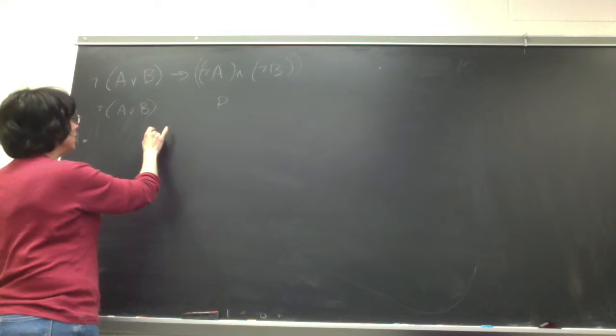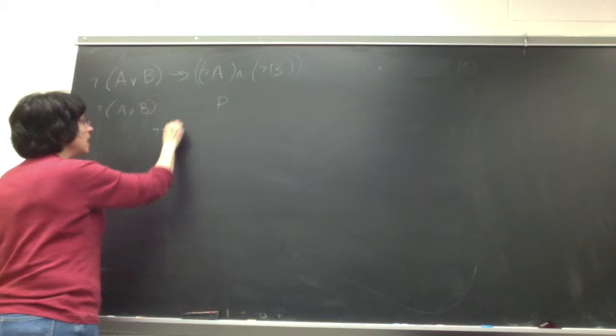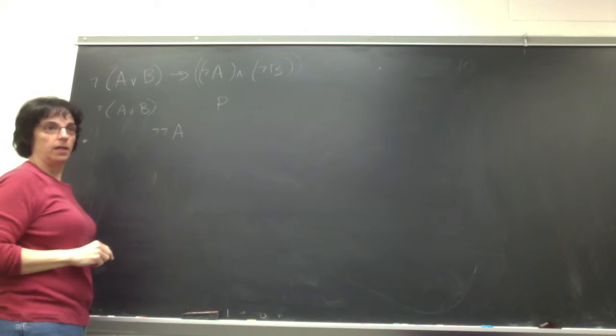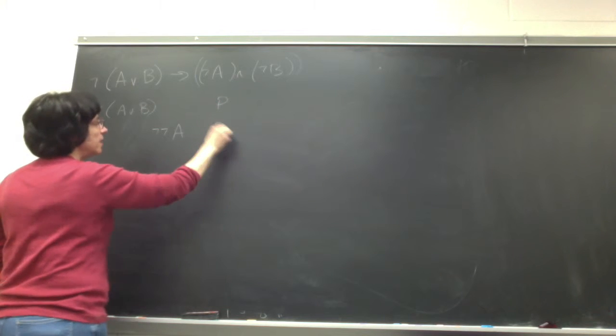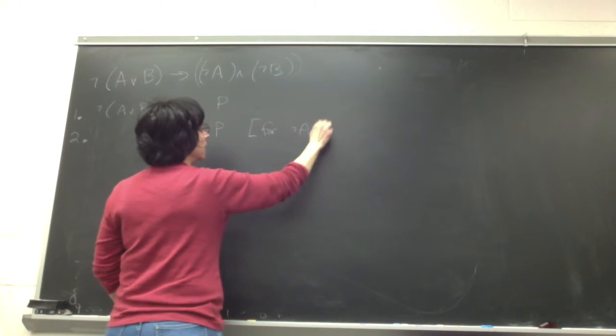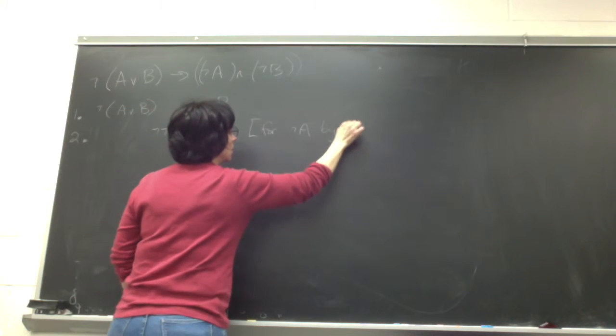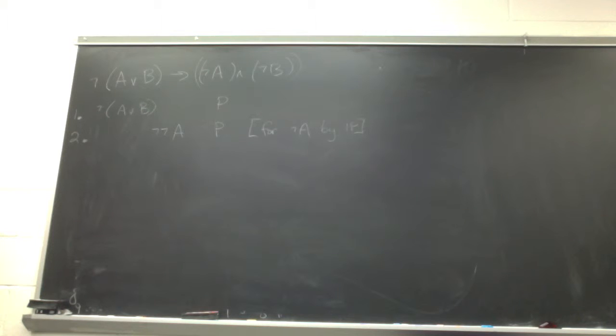Let's suppose that I want to do a subproof, and I'm going to assume not A, right? Which would be my premise for not A by IP, right? And the stuff in the parentheses is just telling you what I'm trying to do ahead of time. You guys with me? Yeah? Okay.